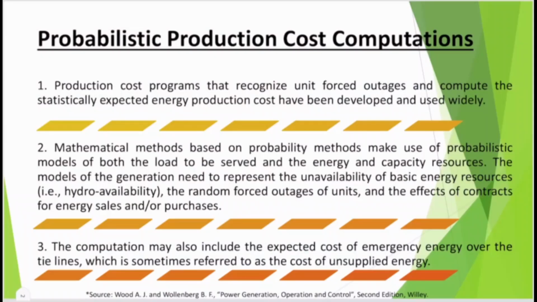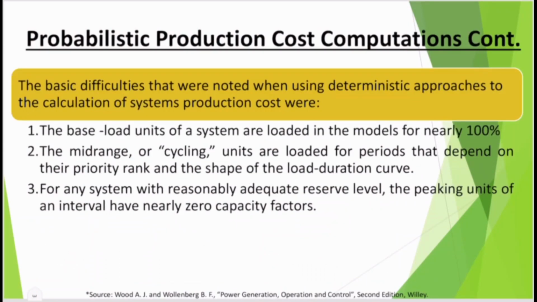There is also uncertainty associated, because if someone is committed to give you power, but for some reason they are not able to stick to their commitments, then your economic dispatch solutions will vary. So those factors need to be considered in day-to-day analysis.